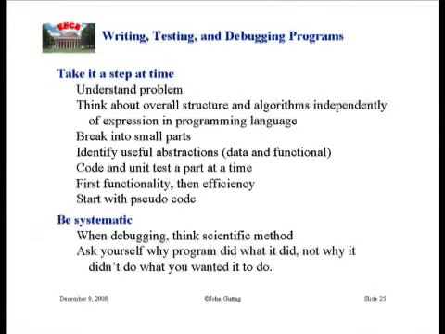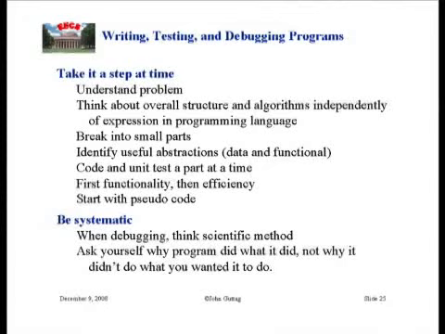We talked about writing, testing, and debugging programs. And if I had one message I want you to remember about all of this, it's be slow. Slow down. Take it one step at a time. Take your time and be methodical, systematic, and careful. Understand the problem first.